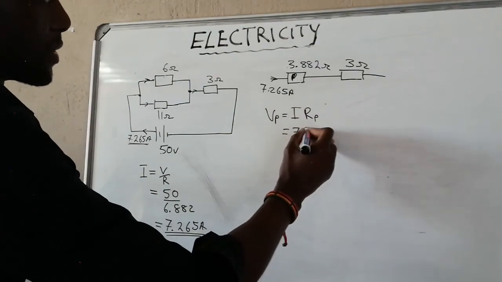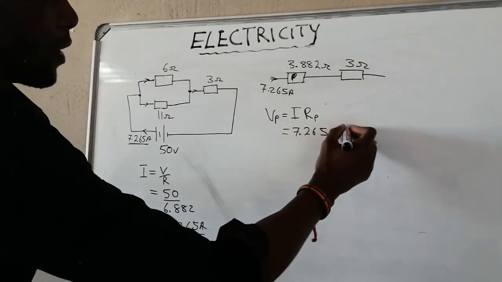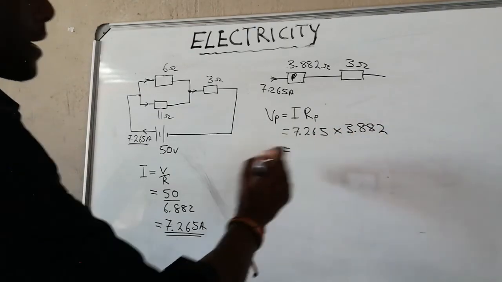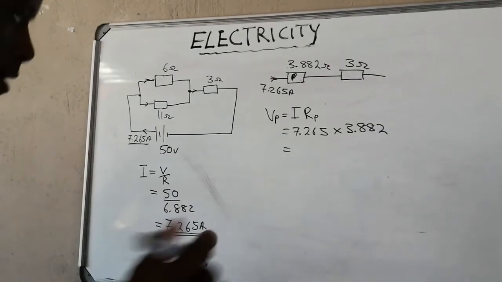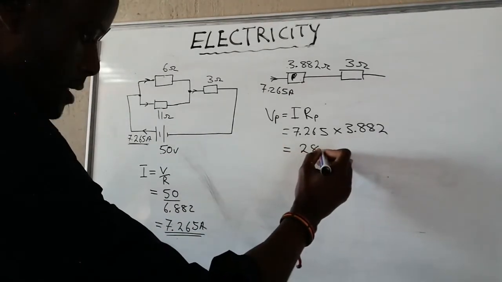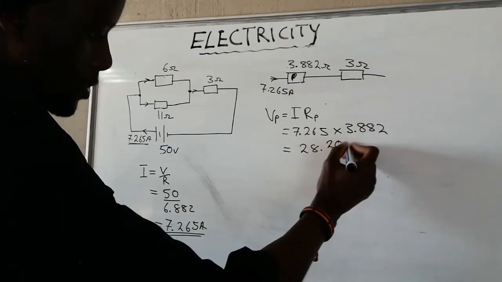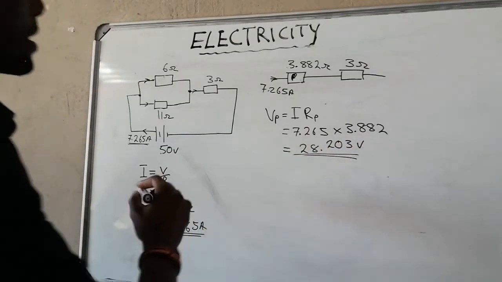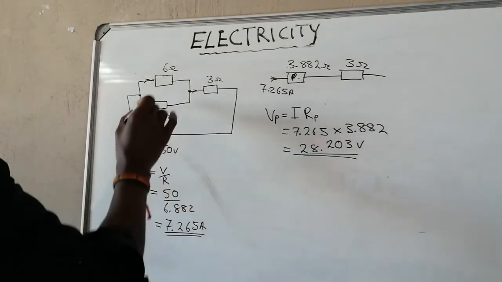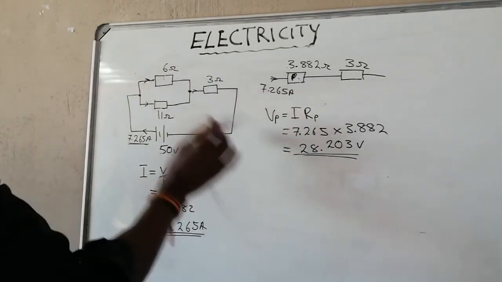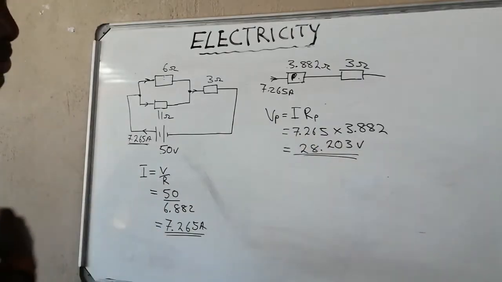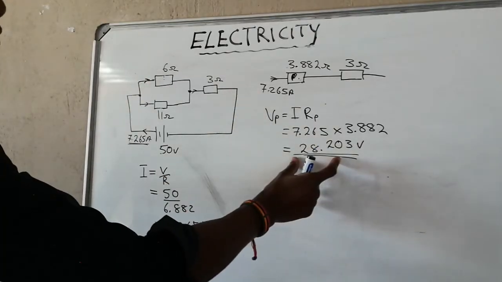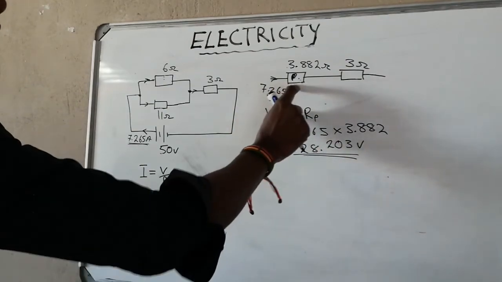Our current is 7.265, our resistance is 3.882, and this gives us 28.203, we round off, volts. Okay, so the voltage across this guy is 28.203. So this 28.203 is across the parallel combination.